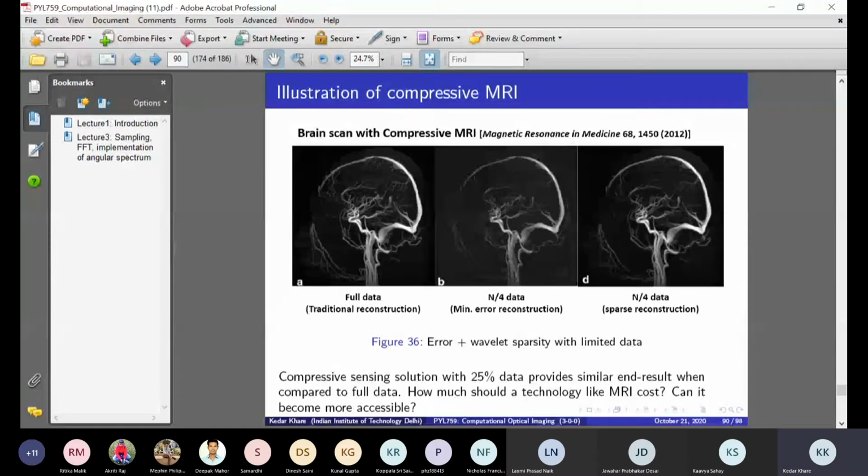Sir? Yes. I'm not able to understand something. When we introduce a TV penalty to do this kind of imaging, I would usually expect that if we want to create n size data from n/4 data, there would be a one-to-many mapping, so we wouldn't get the exact answer, but we might get somewhere nearby.